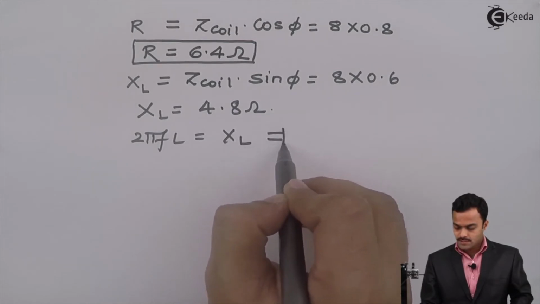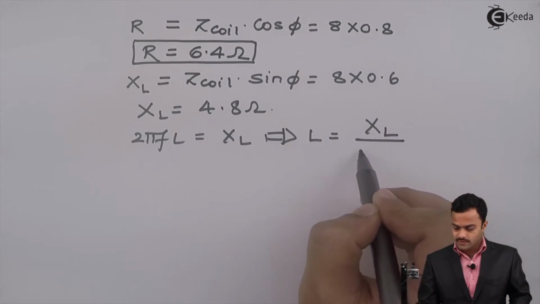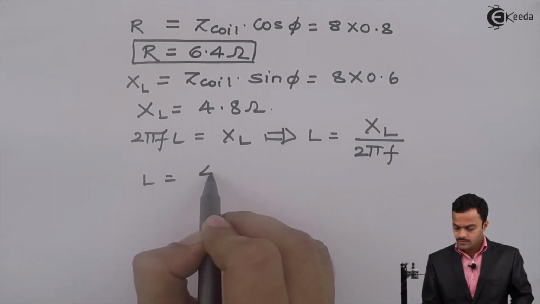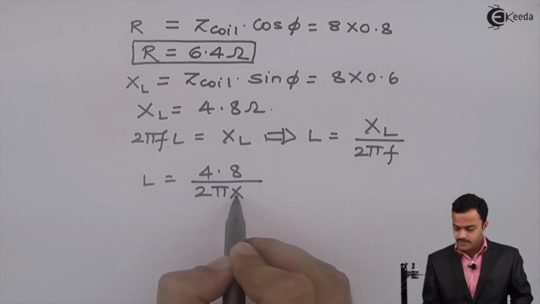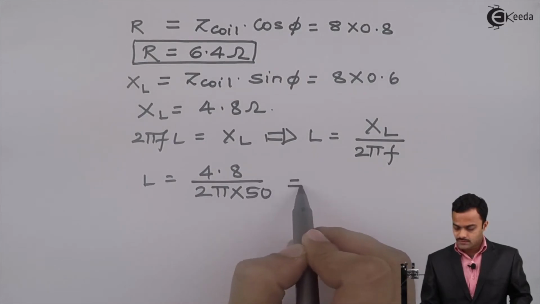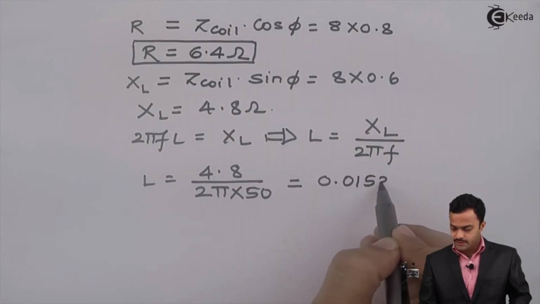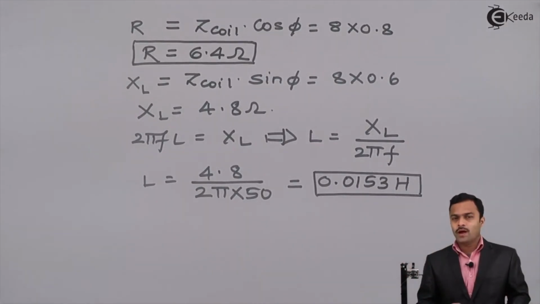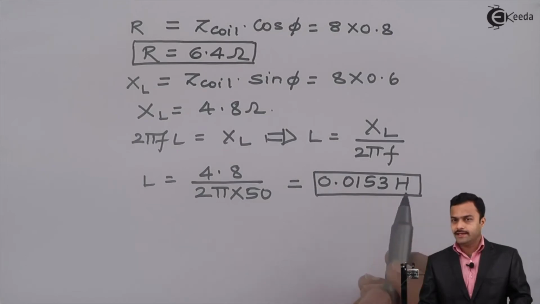So from this I can get the inductance as XL divided by 2 pi F. So it's 4.8 divided by 2 pi, frequency is 50. So this will give you answer 0.0153 Henry. So when iron core is removed, inductance will become 0.0153 Henry.